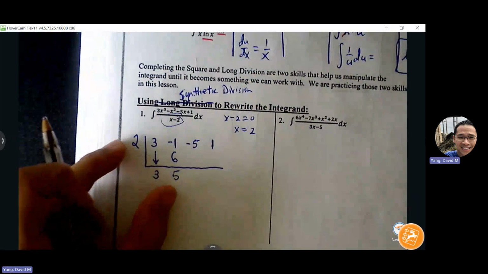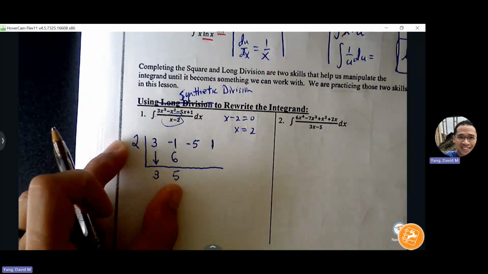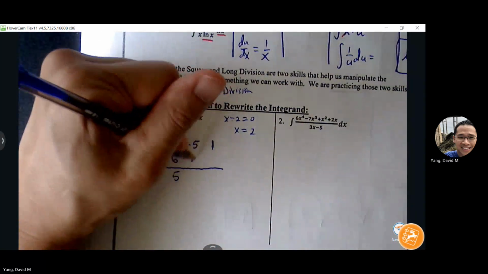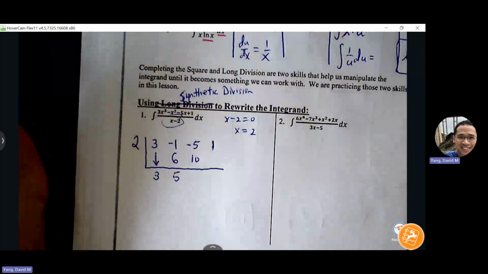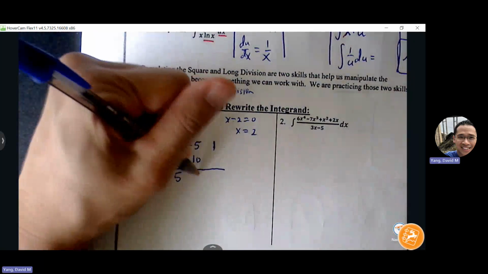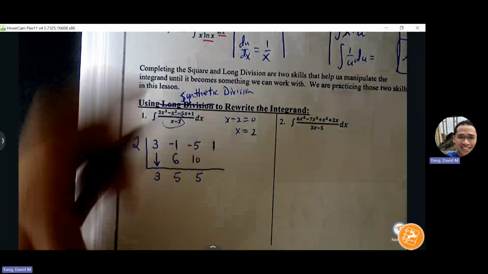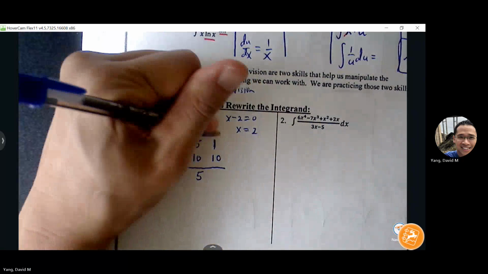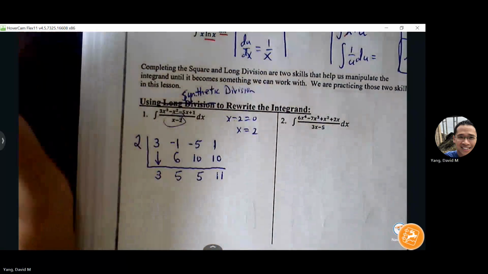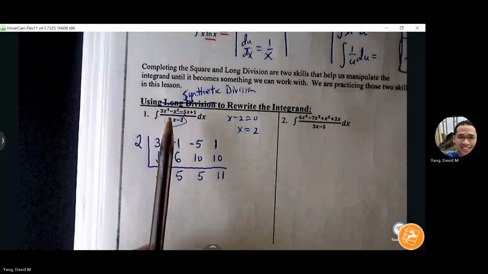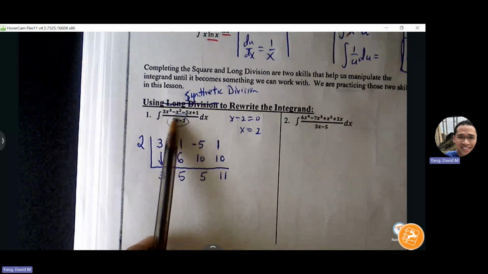Repeat the process. 2 times 5 is 10. Add, which gives 5. 2 times 5 is 10. Add, which is 11.